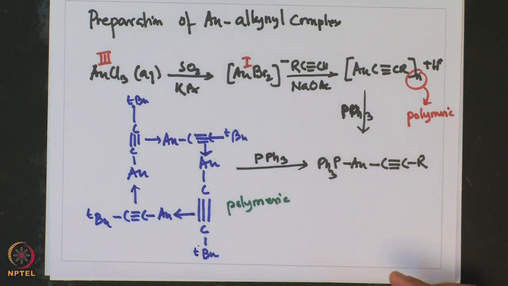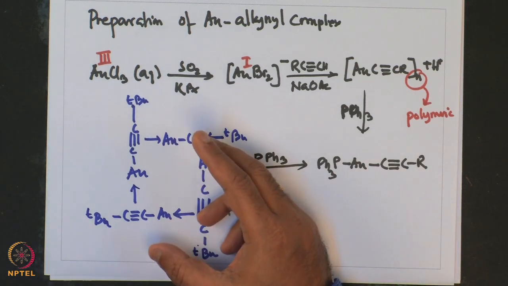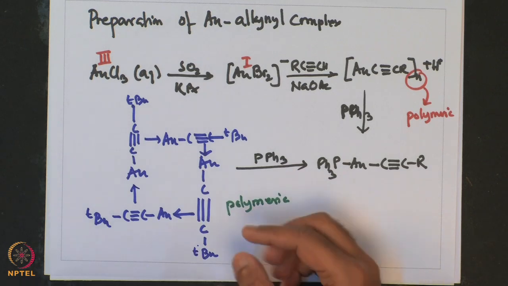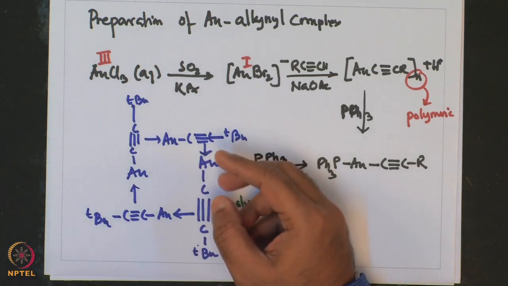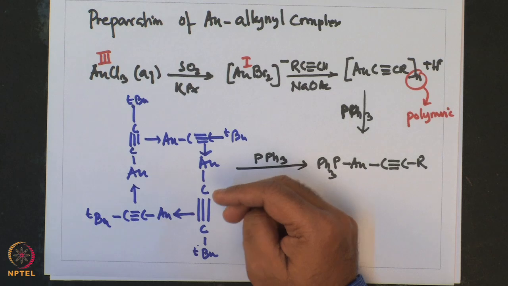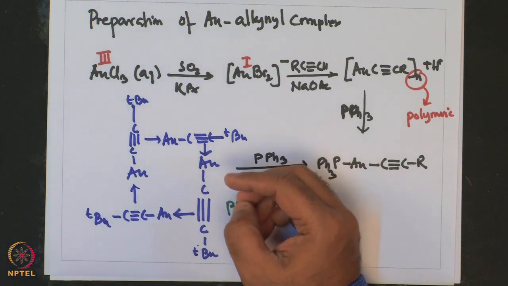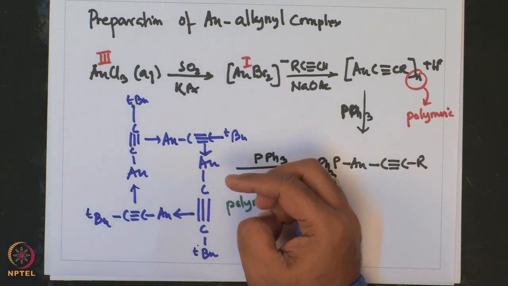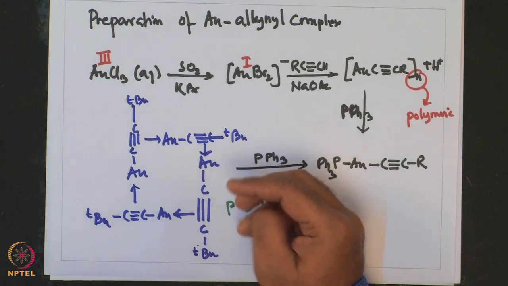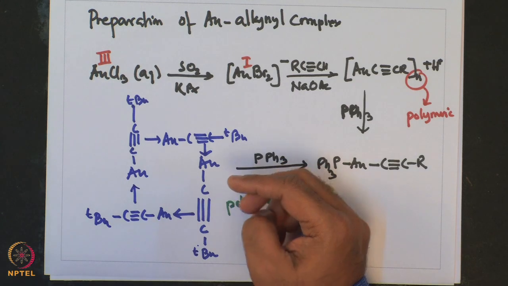Now, what is obvious over here is that this polymeric framework stabilizes the exceptional reactivity of the extremely basic acetylide moiety, which becomes very susceptible to hydrolysis, and this stabilization is gained through polymerization.